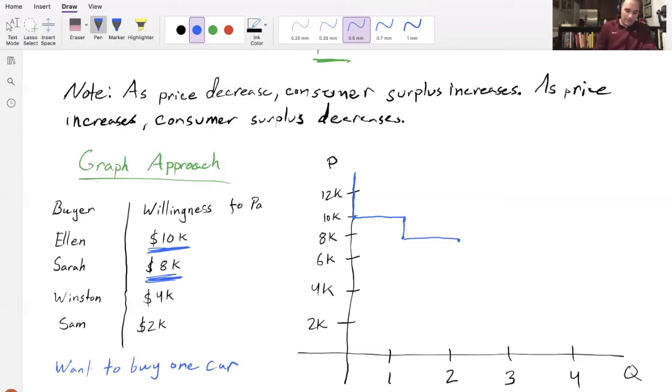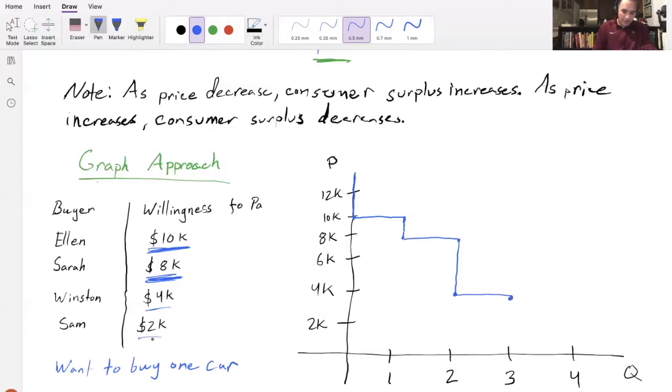Winston is going to jump in at 4,000, and so we can draw this line all the way down to 4,000. Then he's going to enter, so we're going to have another car purchase, and we'll go up to 3. There'll be 3 buyers now.